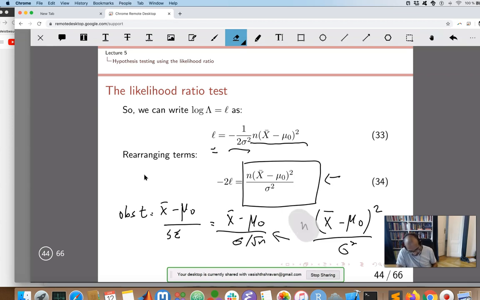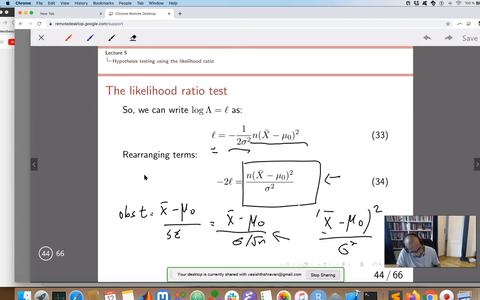What I wanted to say is that I could write sigma squared over n here, or I could write x bar minus mu 0 squared over sigma squared multiplied with n, right? It's a division here, goes up and becomes a term here. So this is exactly what we've got here.